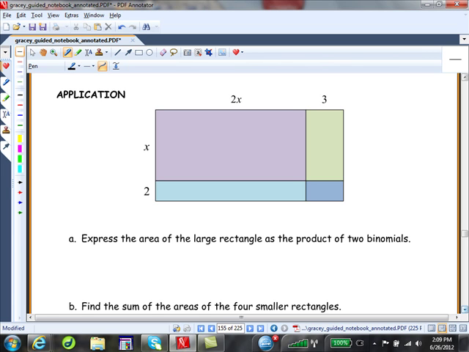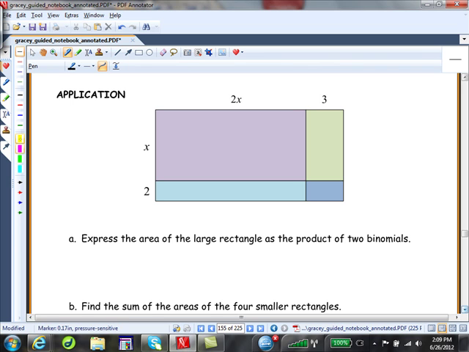Okay, so here, this is sort of showing you why we end up getting 4 terms when we multiply 2 binomials, right? You can think of it as all these different rectangles. So here, express the area of the large rectangle as the product of 2 binomials.